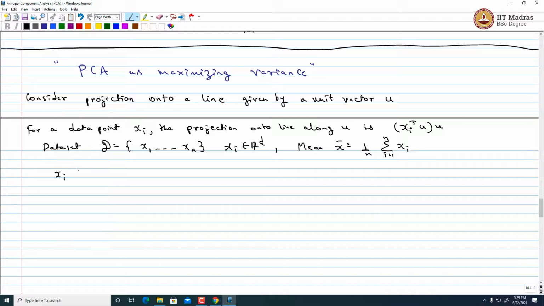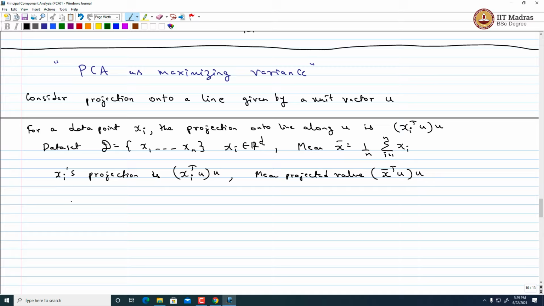So xi's projection is xi transpose u into u. The mean for this is, this is a non-standard term, the mean projected value, x bar transpose u into u.